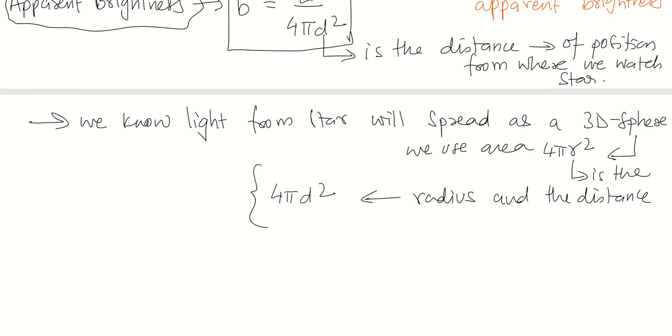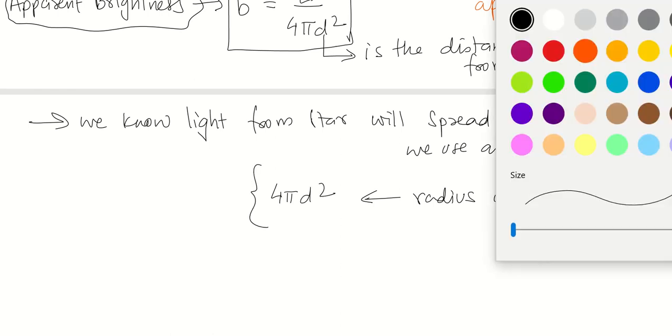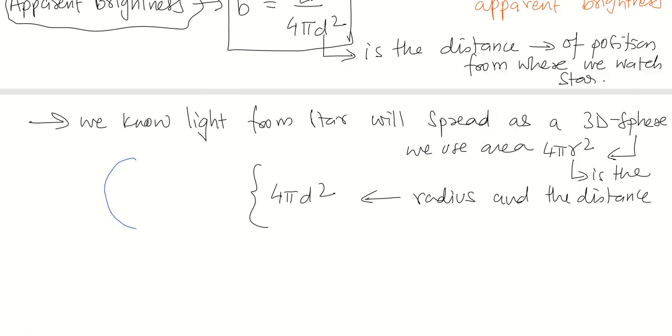Let us just visualize here. I will try to put some image here. This is the star. If I watch from here, then this is my radius, which is equal to d, so r1, d1.